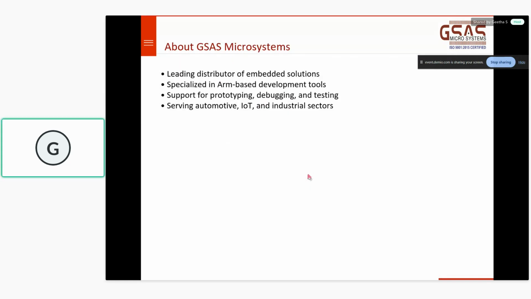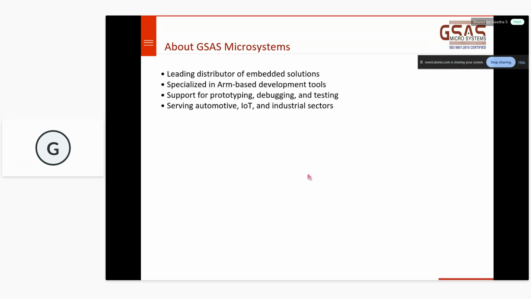About GSAS Microsystems: in relation to ARM specifically, what does GSAS offer? As I already highlighted, we are the authorized and prime distributors for ARM software solutions. We are a leading distributor of embedded solutions.